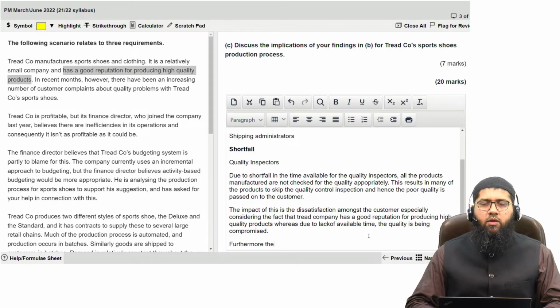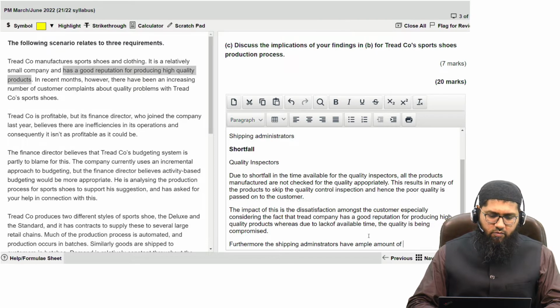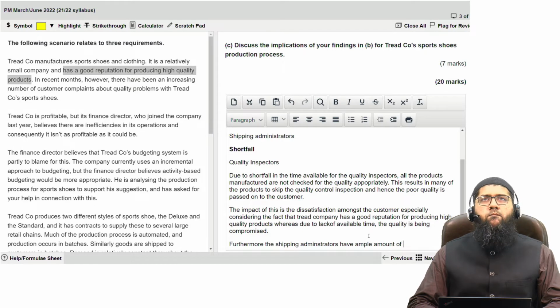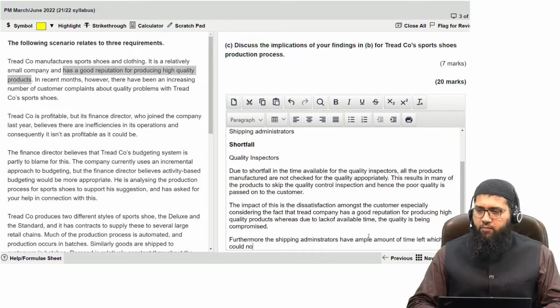Furthermore, the shipping administrators have ample amount of time left, which could not be utilized unless the quality inspectors are introduced.